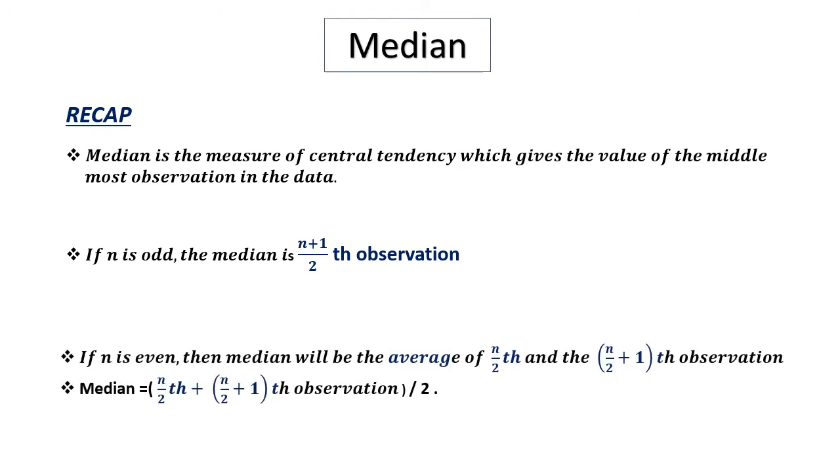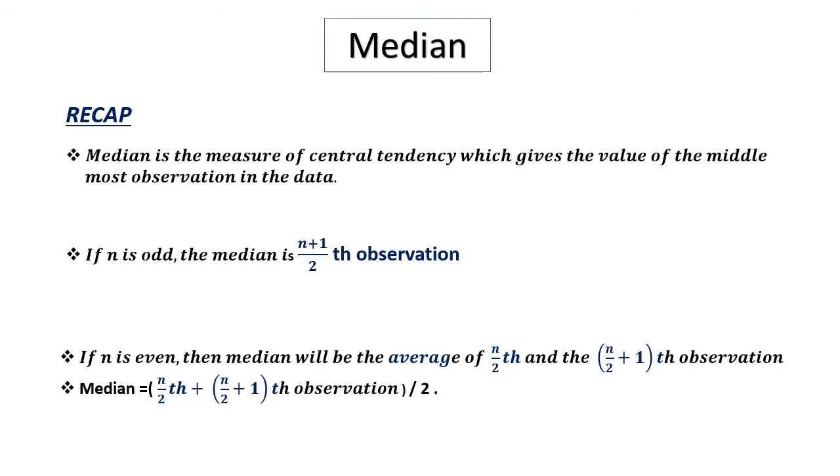If n is even, then the median will be the average of the n upon 2th and (n upon 2 plus 1)th observations. It simply means the n upon 2th observation plus the (n upon 2 plus 1)th observation, divided by 2. So here we have two formulas.